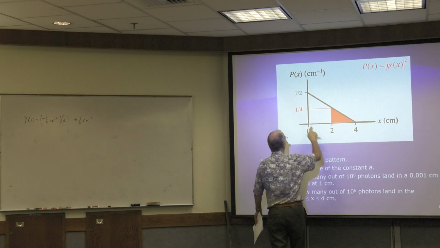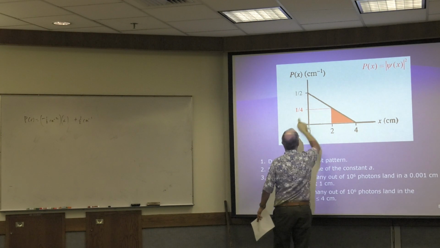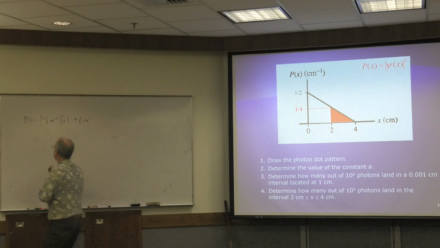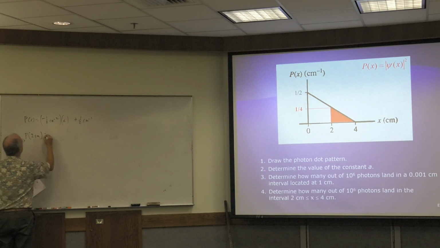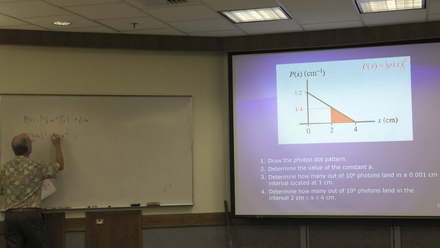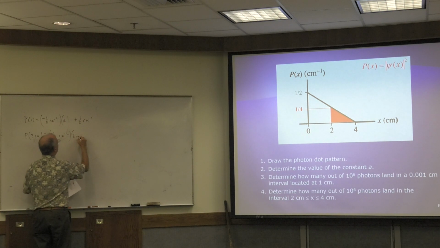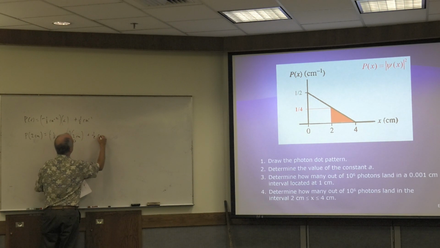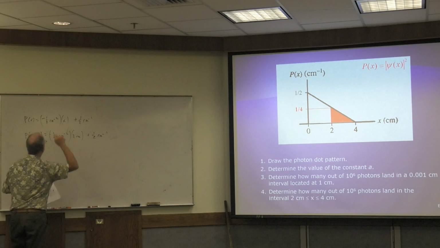So we want to find out what the probability density here is at x equals 2. Okay, we do it. So the probability density at x equals 2 centimeters equals minus 1/8 centimeter^-2 times 2 centimeters plus 1/2 centimeter^-1. An eighth times 2 is a fourth.